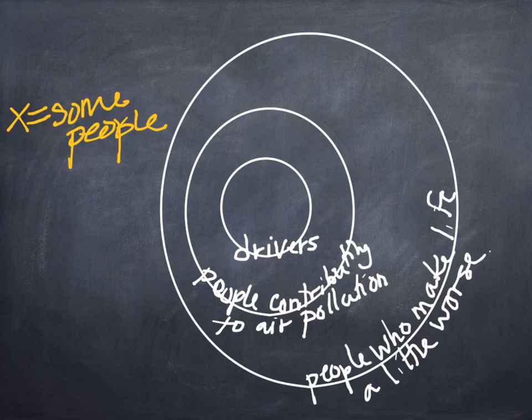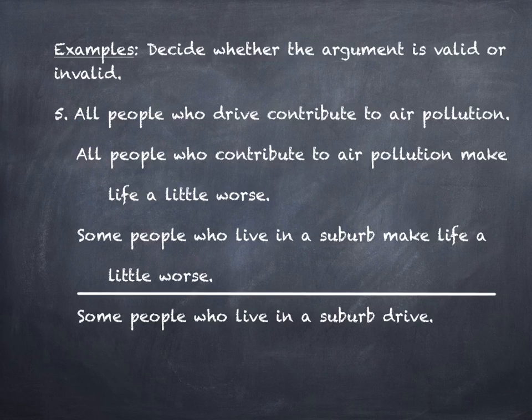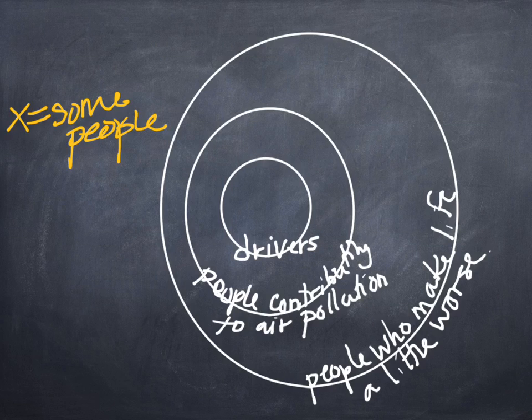Where can these some people be according to the third sentence? Anywhere inside the circles, right? So they could be here, or here, or here. We don't know, but they're somewhere in there. They could be one of those X's, or multiple of those X's. Okay, so that's my diagram.